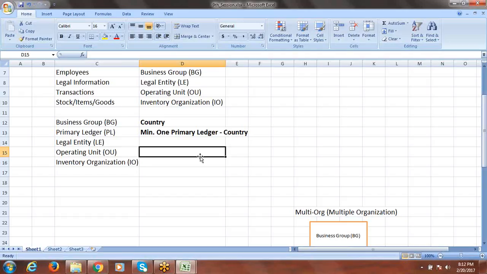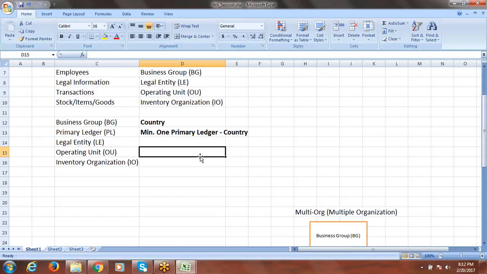When creating the primary ledger, for India we need INR, for the US we need USD. Even if we assume the two currencies are the same, just as an example, the financial years are totally different. For India, the financial year is the fiscal year, and the US financial year is the calendar year. So that is the reason.